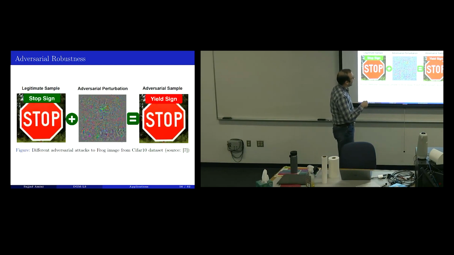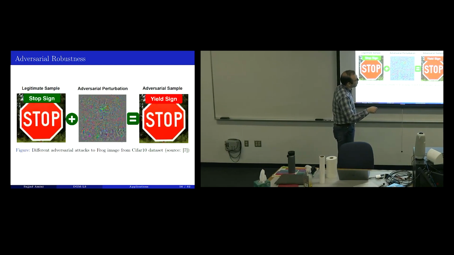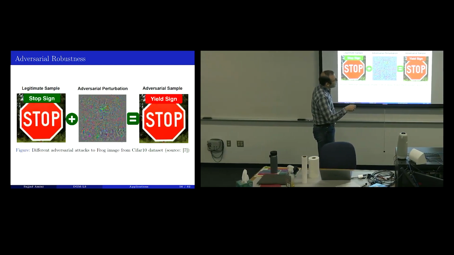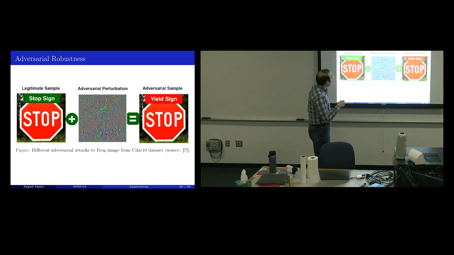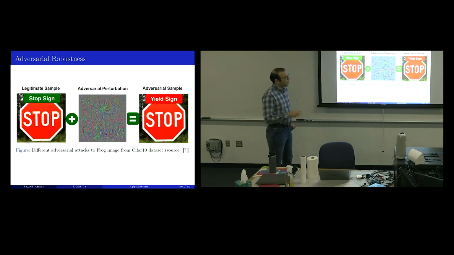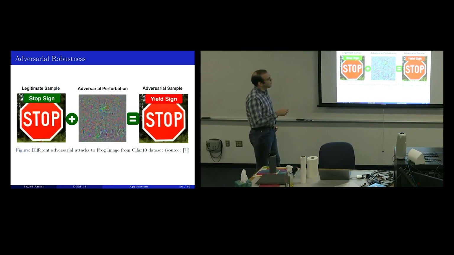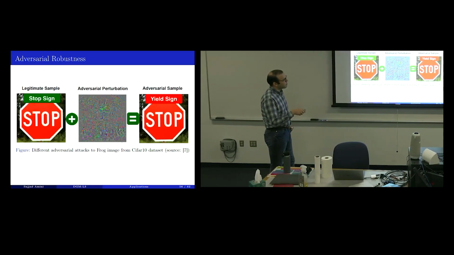Then this noise is added, and this is the final result. You cannot even see the perturbation here. But a model, even a state-of-the-art model, provides different content for these two images. This one is a stop sign, this one is a yield sign, and the only reason is this perturbation.